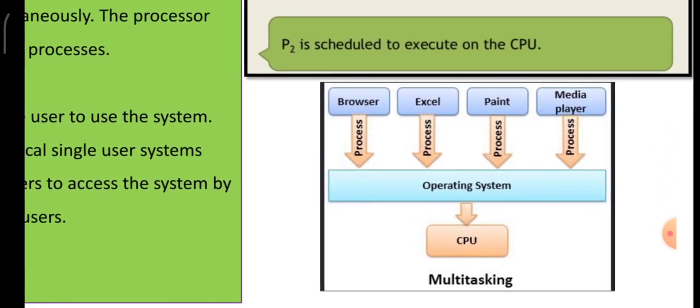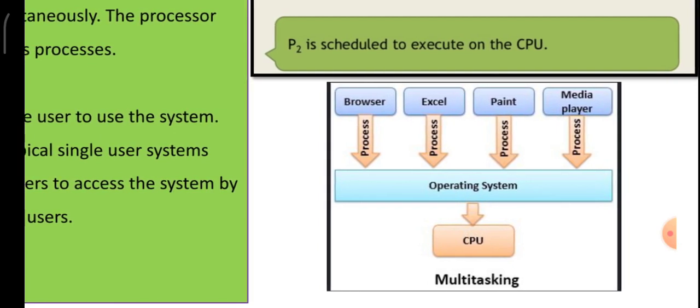To make it more clear, see, one process is the browser. As soon as you see your desktop after booting your system, you open the browser, you search for some educational videos or something like that on the browser. Simultaneously you can open Excel and work on it. You can open Paint simultaneously.